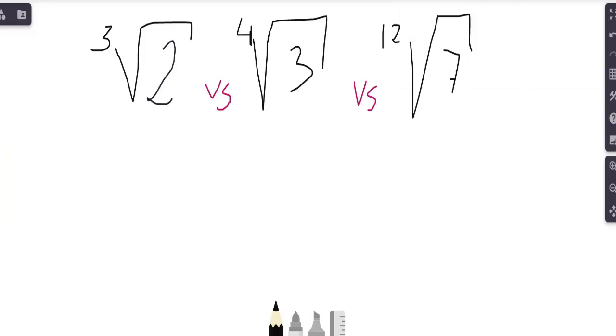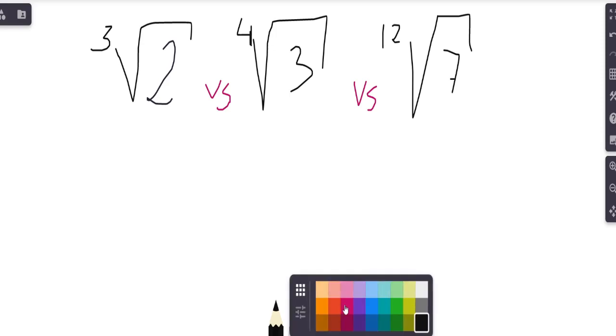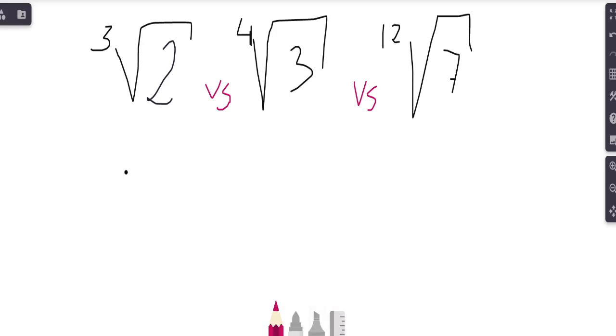So today we are going to compare three roots and find the largest. So the first thing to do is to rewrite the roots. So let's get started. The first root is 2 to the exponent 1/3.